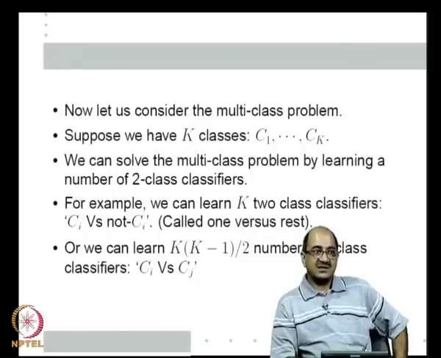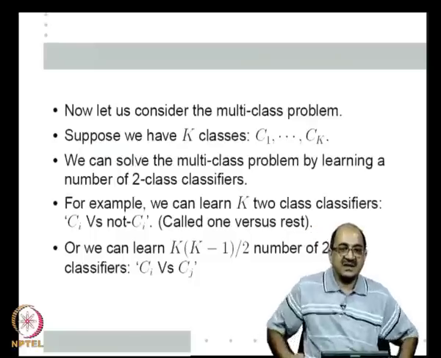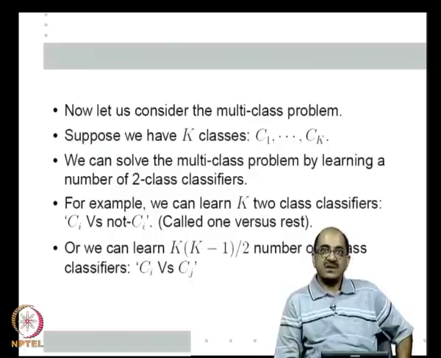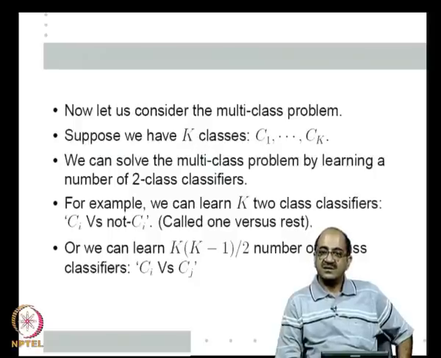If one of the classes has much less representation in the training set than the other in a two class problem, and predominantly all training data belong to one class, then it is very difficult to learn the classifier. For example, in this case, if I have 50 of one class and 5000 minus 50 of the other class, then a classifier that always says not C1 has an error rate of only 50 by 5000 on the training data, which is very small.